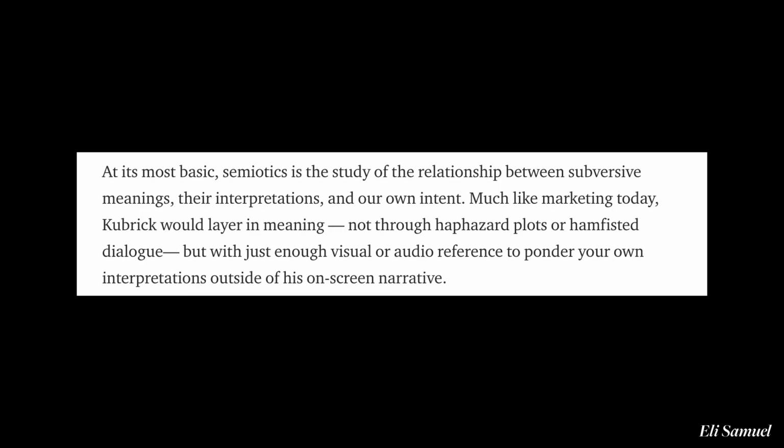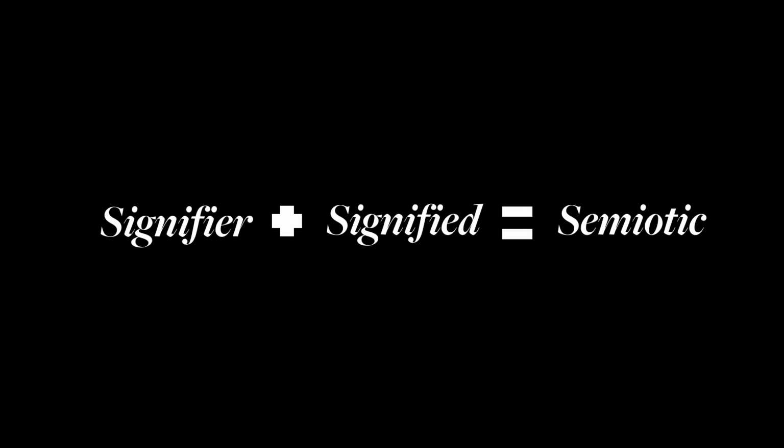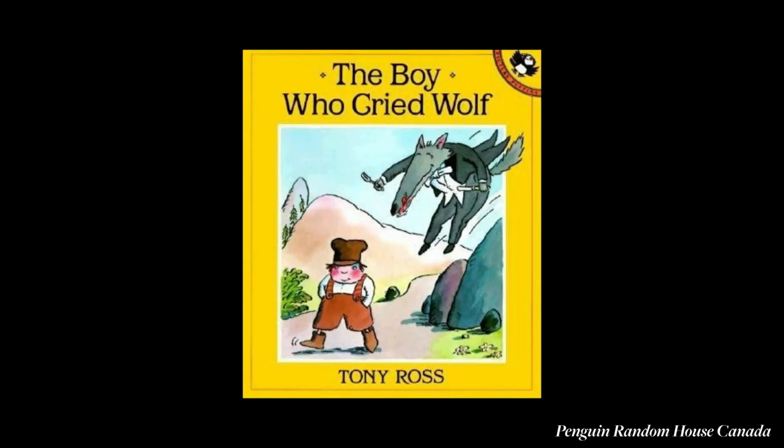Semiotics, as explained by Eli Samuel, are the study of the relationship between subversive meanings, their interpretations, and our own intent. Semiotics require two elements. They must have a signifier and a signified meaning. The signifier can be a colour, a font, a sound, a shape, or even a story.